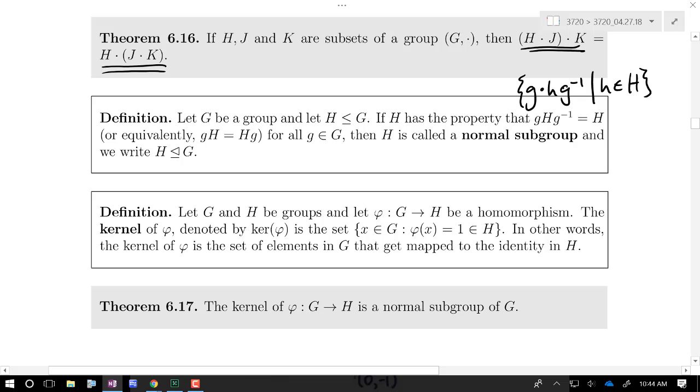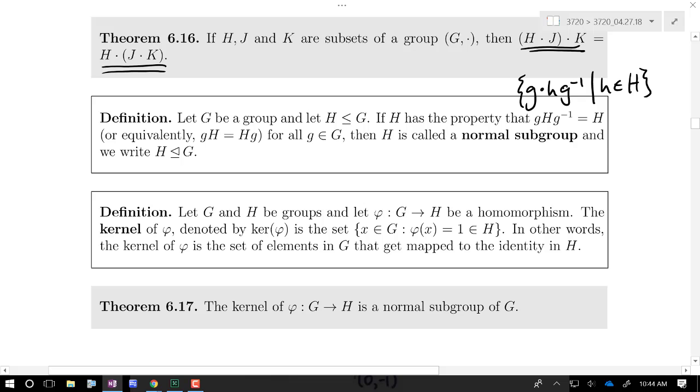And as I do that, I just keep producing H, right? It doesn't send me outside the group. So I could pick an element of G, take g times every element of H times g inverse, and it won't send me outside the set. If that's the case, then we say that H is a normal subgroup.